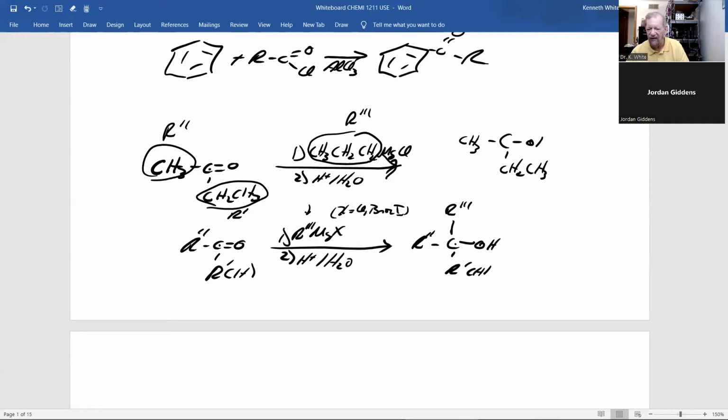And then I'll have an alcohol, because that's what this shows me. And then to my R triple prime, I have 3 carbons. And remember, your friend is always 4 bonds to carbon. And that's how you do it. And you made a really complex molecule.